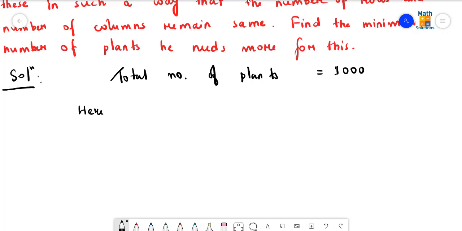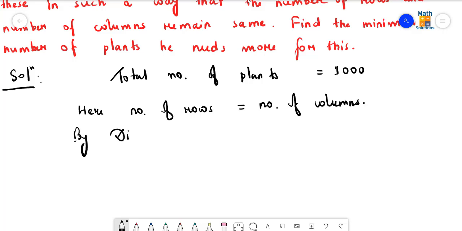Here number of rows is equal to number of columns. By the division method, of course, we have to find out the square root. Division method, let's find out the square root.